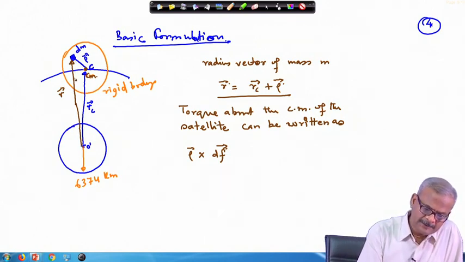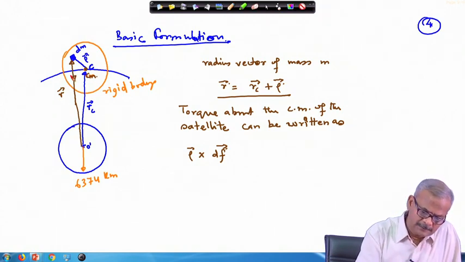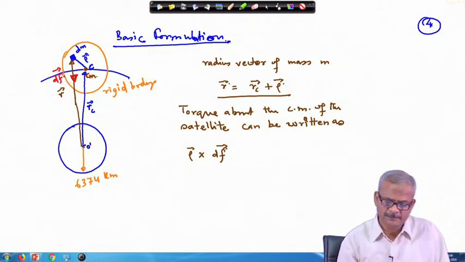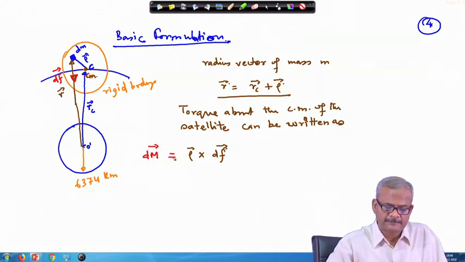So, d f will be along this direction. This is your d f, the force acting on this mass d m.